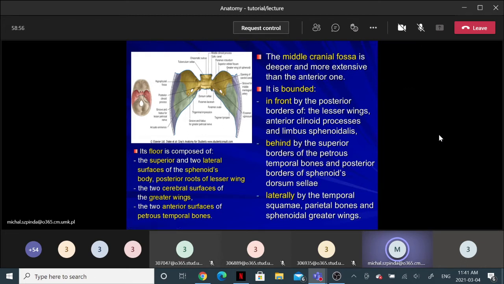The second thing is which different foramina refer to the middle cranial fossa. Just here, the posterior root of the lesser wing is missing. Above it is the optic canal. So the highest foramen in the middle cranial fossa refers to the optic canal. The optic canal communicates the middle cranial fossa with the orbit.